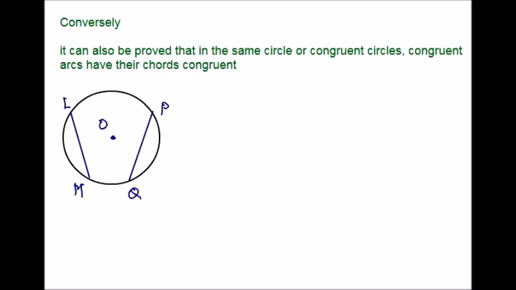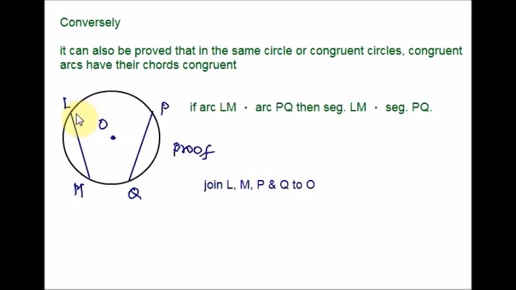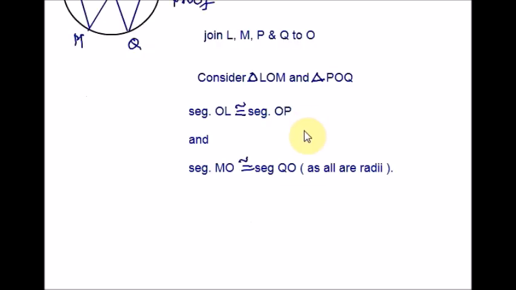To prove this, let us join L, M, P, Q to the center O. Consider the triangles LOM and POQ. The segment OL is congruent to segment OP. In the same way, segment MO will be congruent to segment QO, because all these are radii. Therefore, you can take that the given angle LOM is congruent to angle POQ.